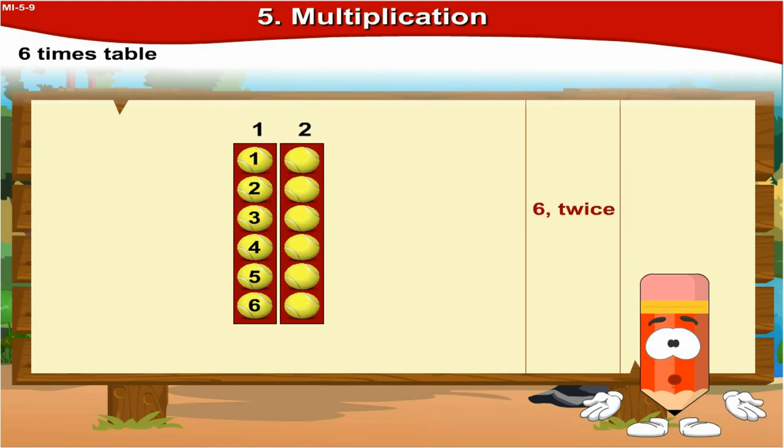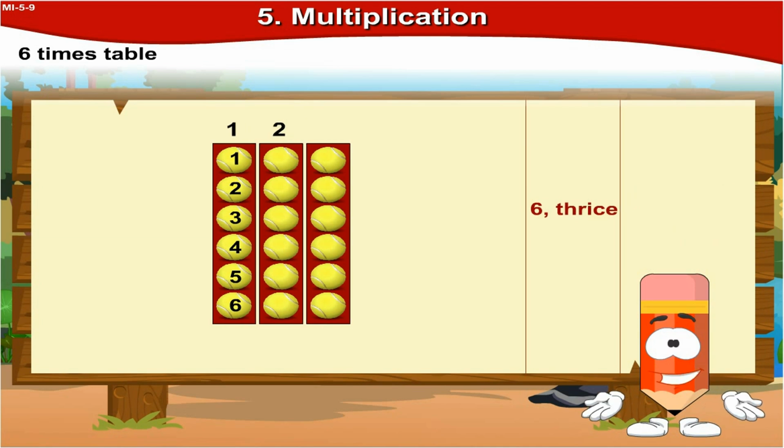So it is 6 twos, which means 6 multiplied by 2 is equal to 12, and you can call it 6 twos are 12. Similarly, 6 thrice. Here, 6 multiplied by 3 is equal to 18, so 6 threes are 18.